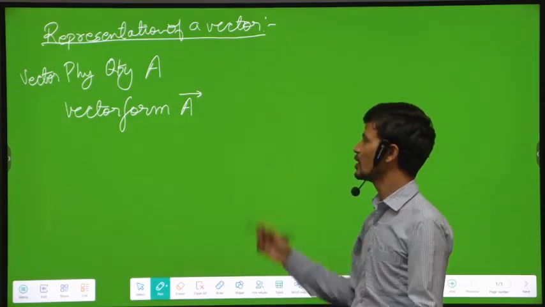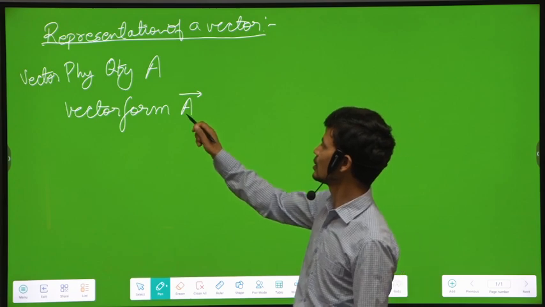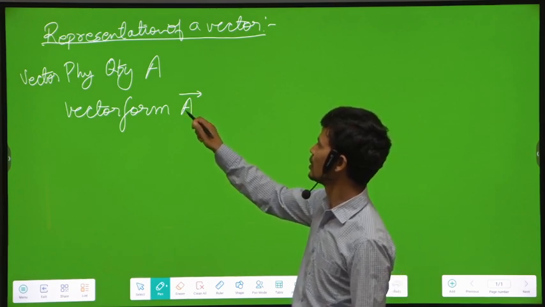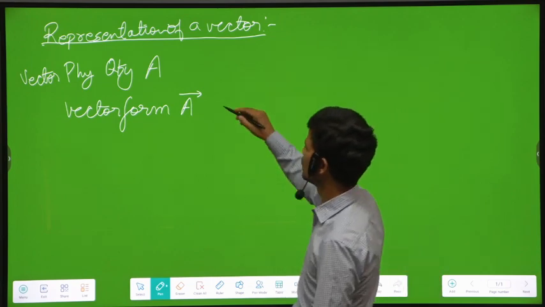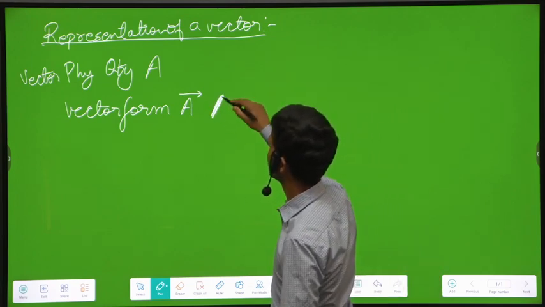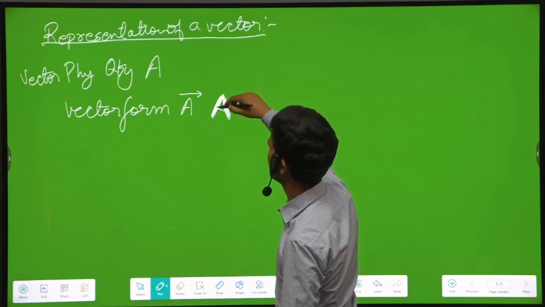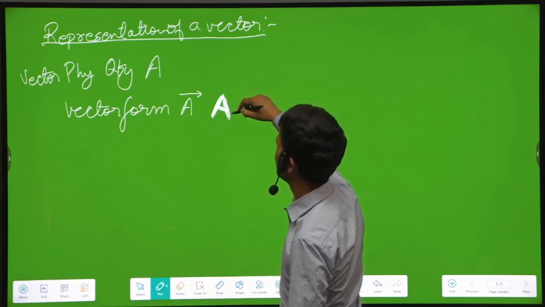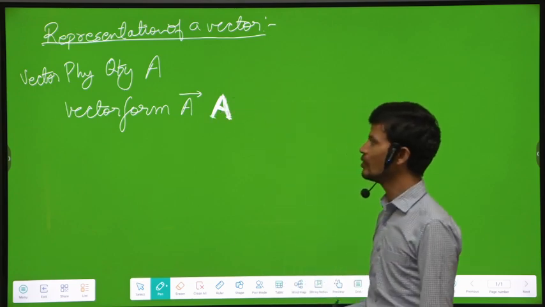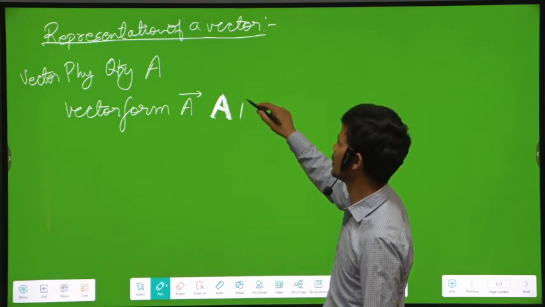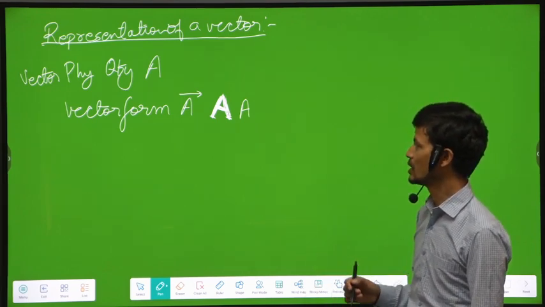Sometimes it is difficult for publishers to print an alphabet with an arrow, so they just write it in bold letter, and they say that if it is written in bold letter, then it is a vector value, and if it is written in normal letter font, then it is a scalar value.